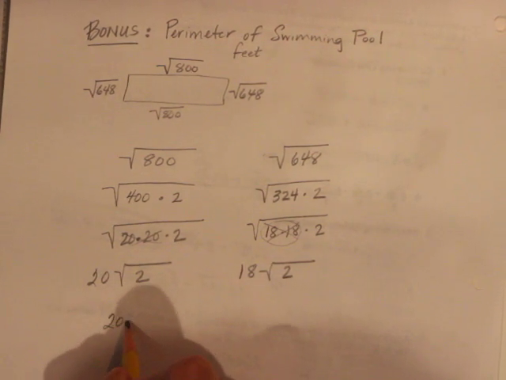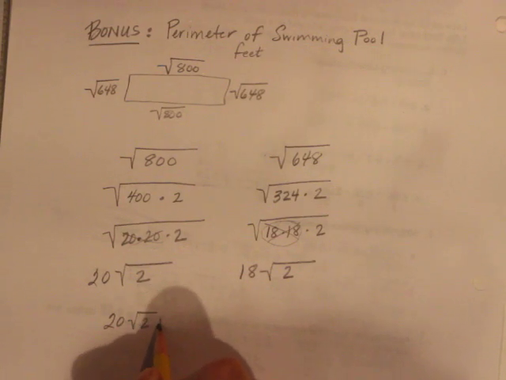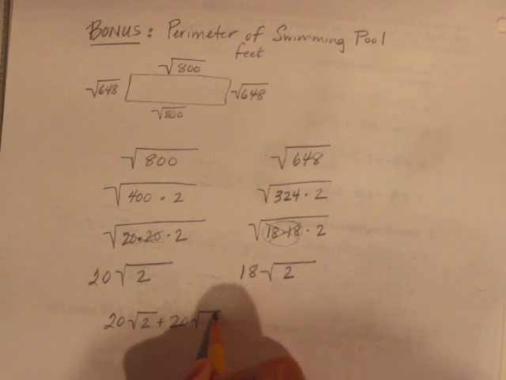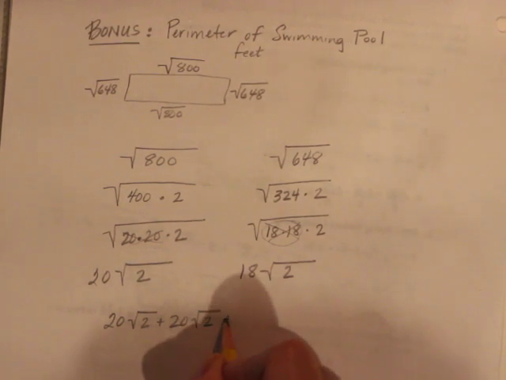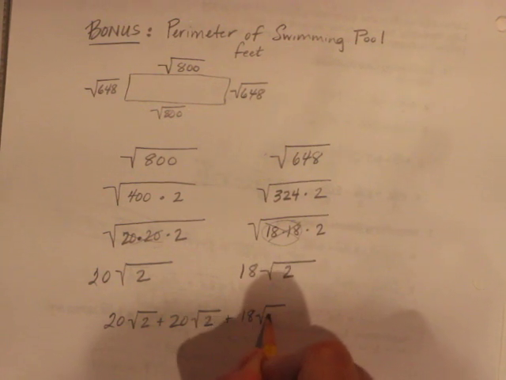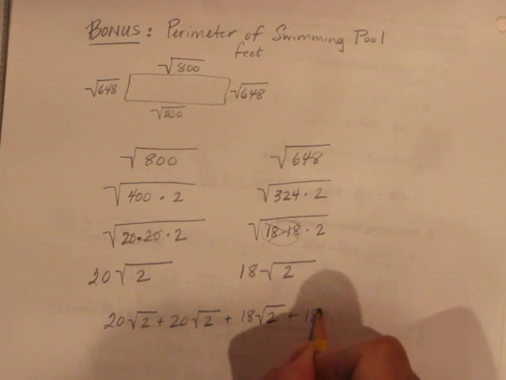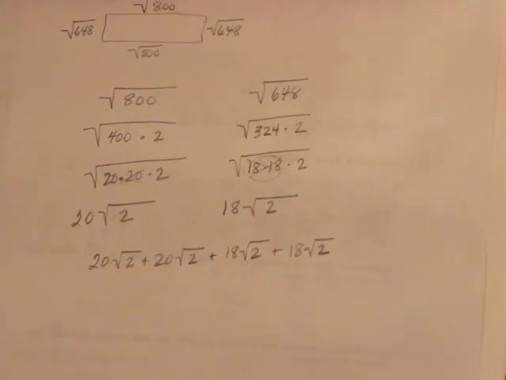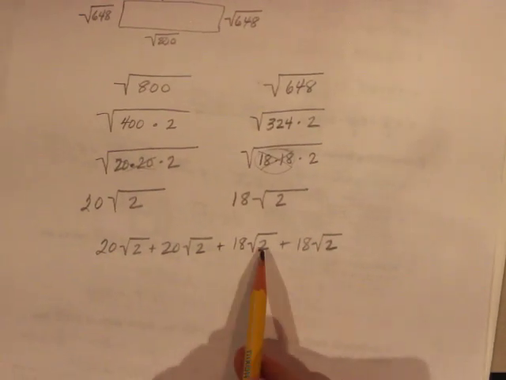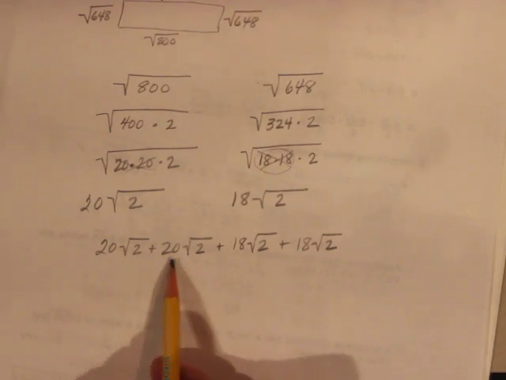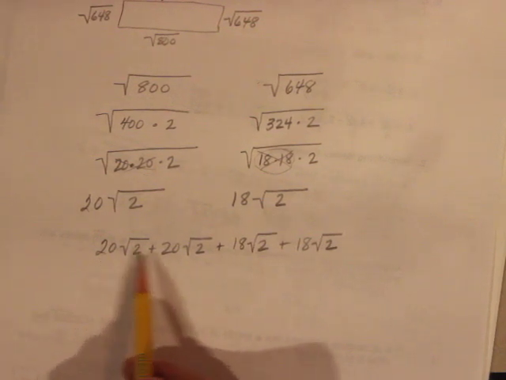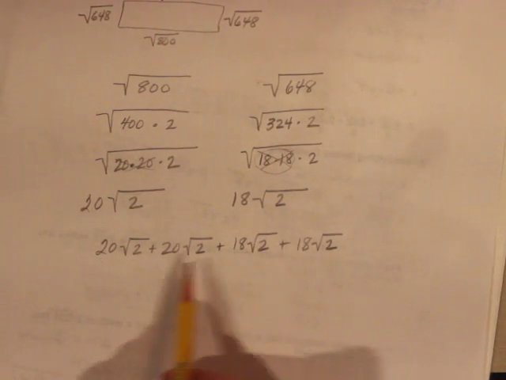Now check this out. I need two lengths, 20 times the square root of 2, plus 20 times the square root of 2, plus two widths, 18 times the square root of 2, plus 18 times the square root of 2. And because these are all alike, I can add all of the coefficients. 20 plus 20 plus 18 plus 18, right?